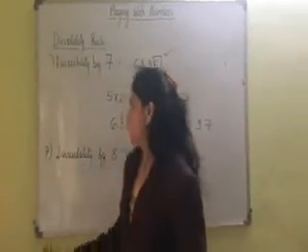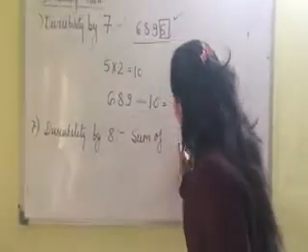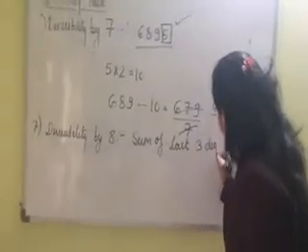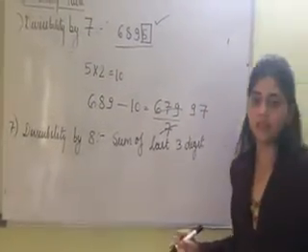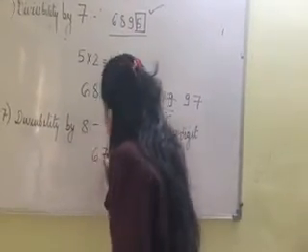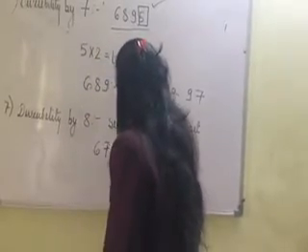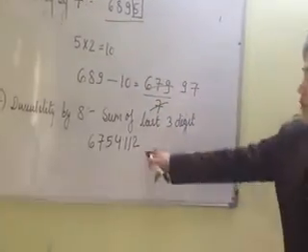The example is 6754112. Now check the last 3 digits.